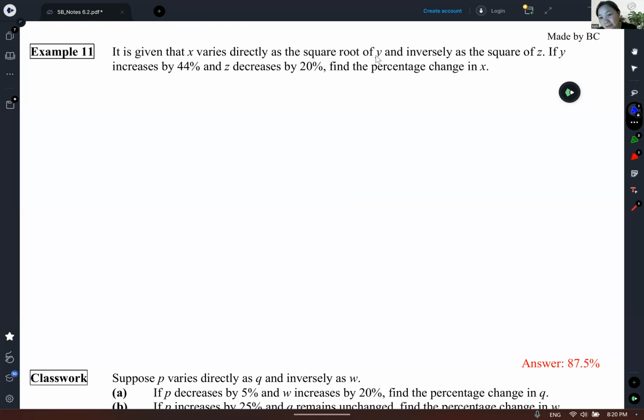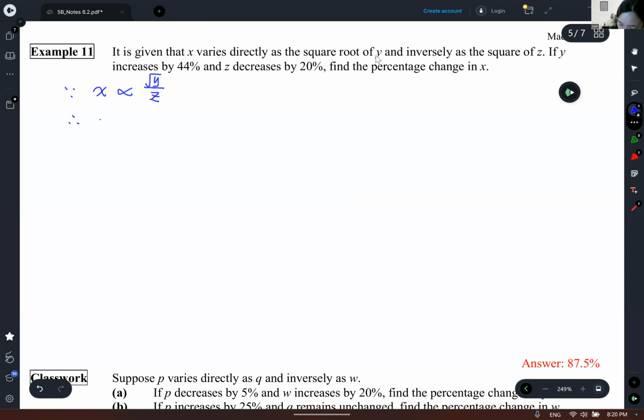So for the percentage change, we're going to use exactly the same method. So because x varies directly as the square root of y and inversely as z, therefore, I can say that the formula look like this. Okay, now if y increases by 44%, z decreases by 20%.